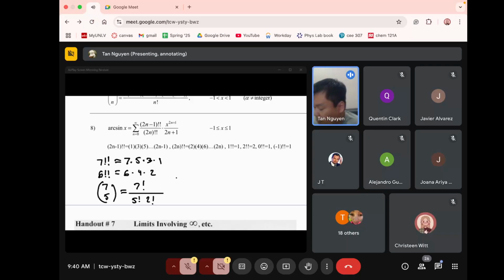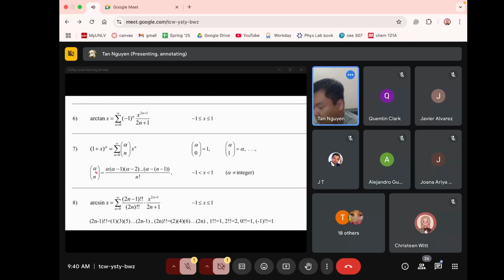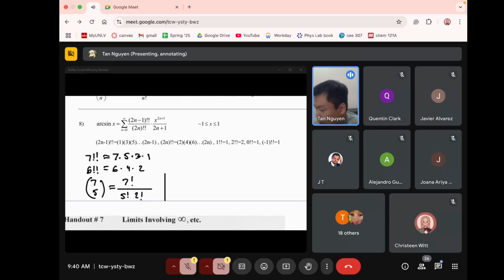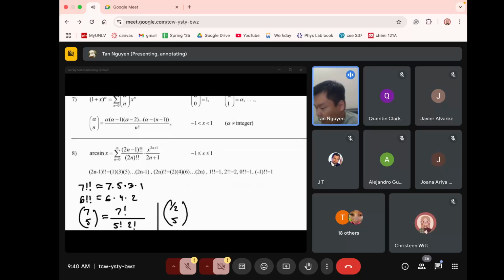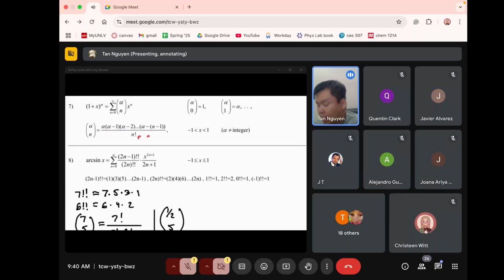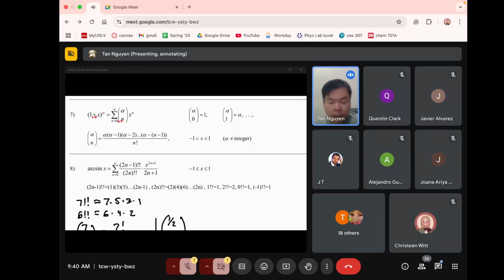But what's going to happen if your number on the top is not an integer, but alpha? Well, if alpha is not an integer, then you would need this formula here. So that's just a generalized binomial coefficient. For example, you can try 1/2 choose 5. In that case, alpha will be 1/2, and then you plug it in here and calculate that. And you need that for this type of series here. Does that make sense?